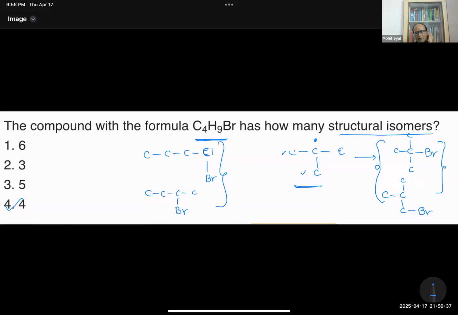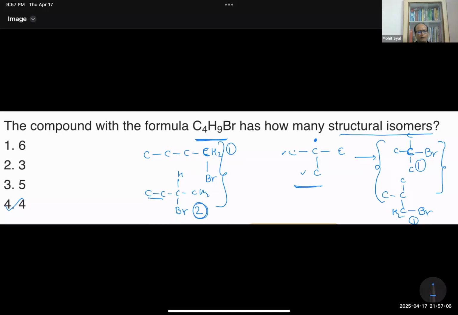Is this a chiral carbon? No, it cannot be chiral because it is connected to 2 hydrogens which are same. Yes, this can be chiral because it is connected to 4 different groups. Can this be chiral? No, because it is connected to 3 methyl groups which are same. Can this be chiral? No. So this will be one, this will be one, this will be just one. Why will these 2 be 2 molecules?